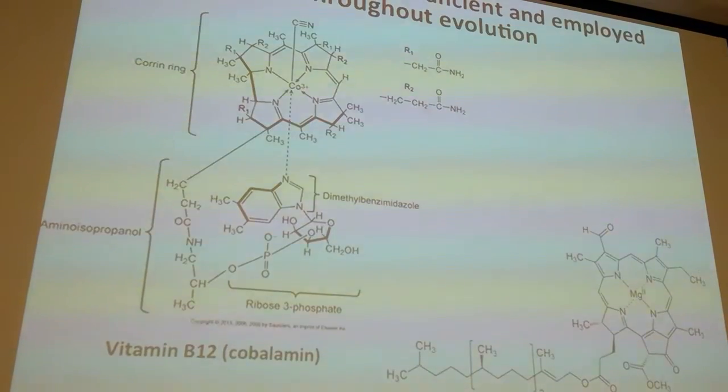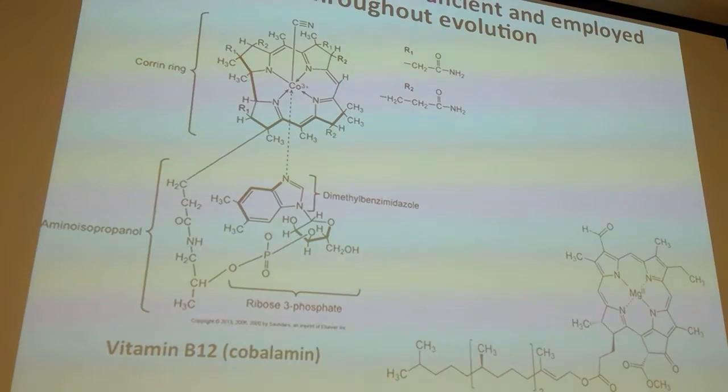I just wanted to point out, this slide is one I added this morning, that this porphyrin structure isn't just unique to heme. It's a really ancient chemical scaffold that's widely used throughout evolution. We can see things like chlorophyll in plants using a very similar porphyrin ring, coordinating magnesium.